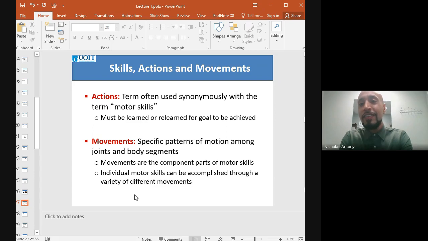Touch your nose. Yeah, it's going to be a little bit more difficult because the point of the term movements is that we perform a motor skill to achieve a particular goal. Yeah. Can someone juggle? Yeah, juggling.